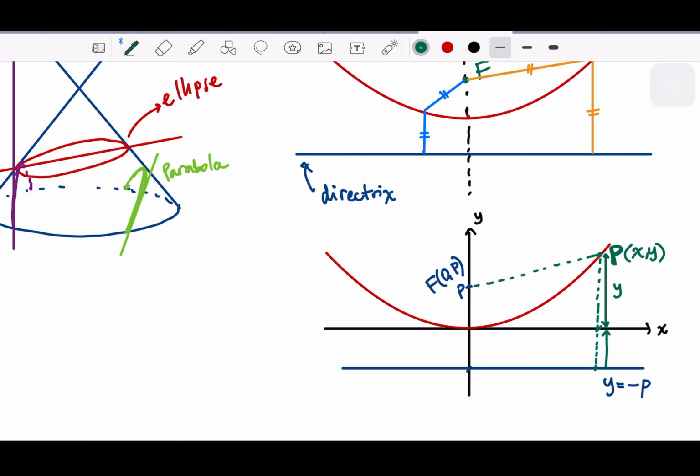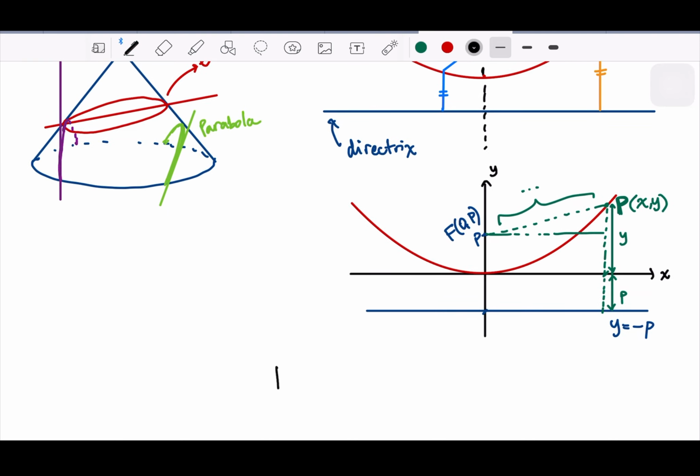And this is p, small p, as in the distance. If we take this triangle, we can get the distance from F to the parabola, right? From F to the parabola, this one. So we call the distance PF or FP.